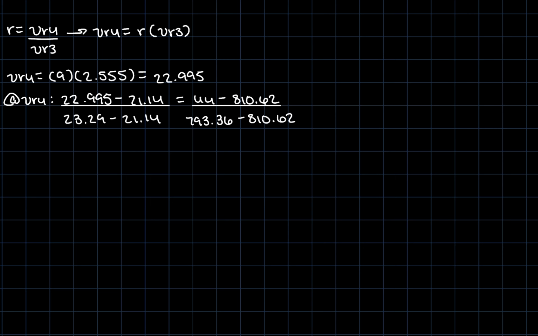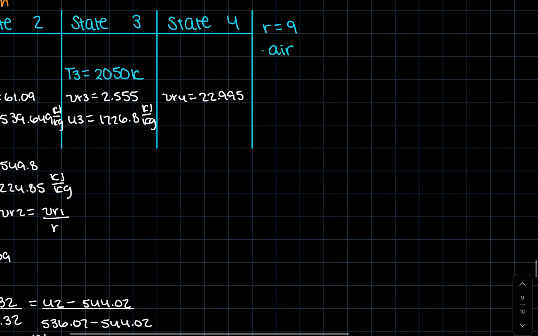Again, picking the VR values that my VR value that I found falls between. This U value corresponding to this VR value, this U value corresponding to that VR value. In doing so, we can solve for U4, which we find to be 795.728 kilojoules per kilogram. So we have U4.